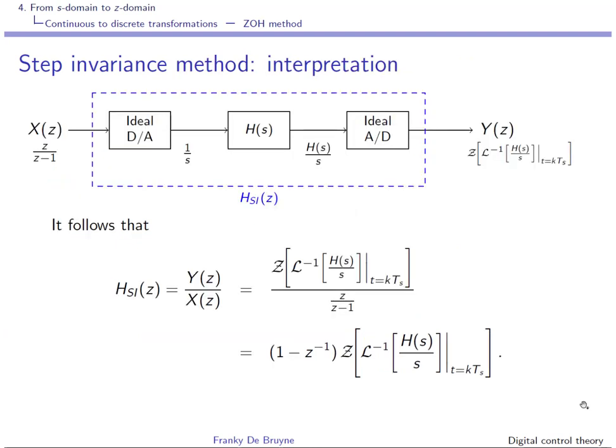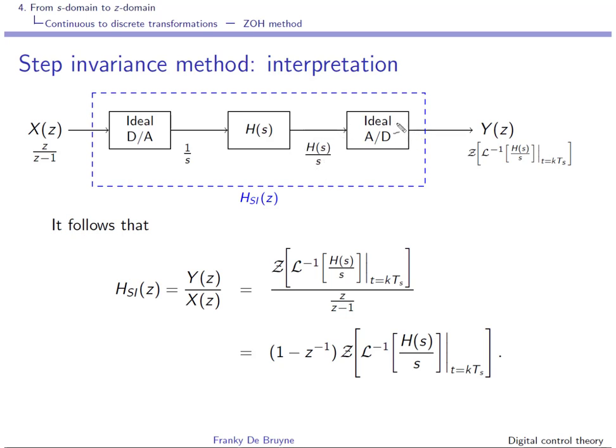So this is the interpretation. At the input, you have a unit step in the Z domain, Z over Z minus 1. This unit step, if it goes through an ideal digital to analog conversion, is a U of t. Its Laplace transform is 1 over S, so the response here is the step response, okay?